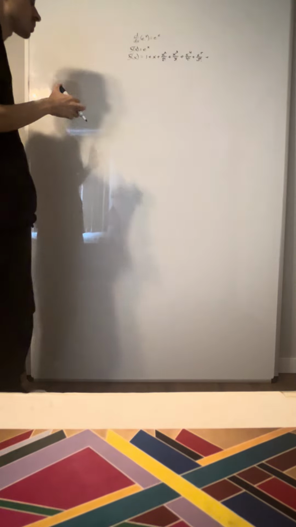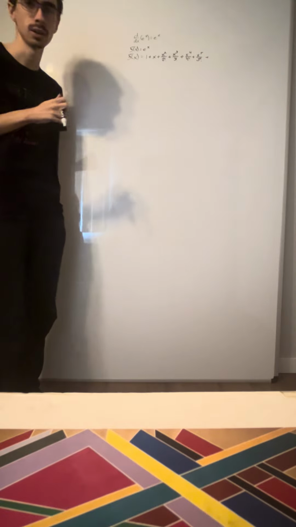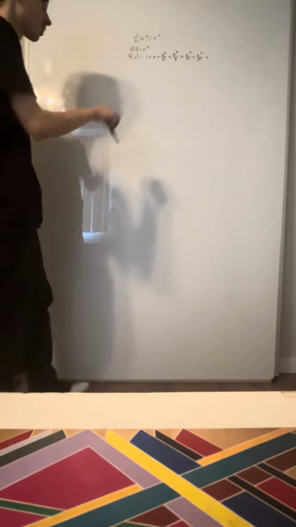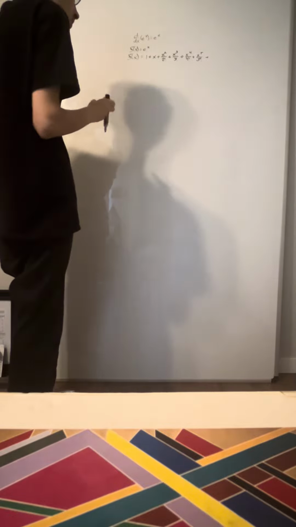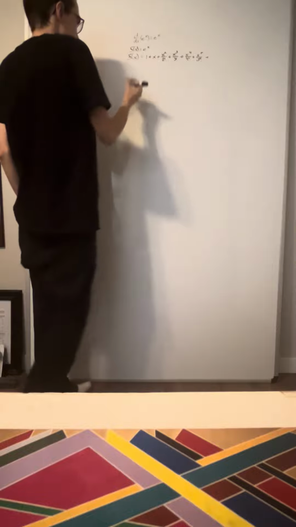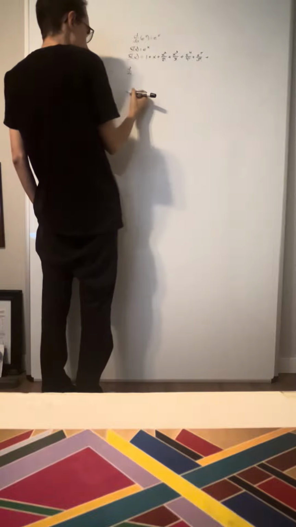Given this as a way to expand e to the x, this should look an awful lot like a case of the sum rule, as we saw it in the other video.